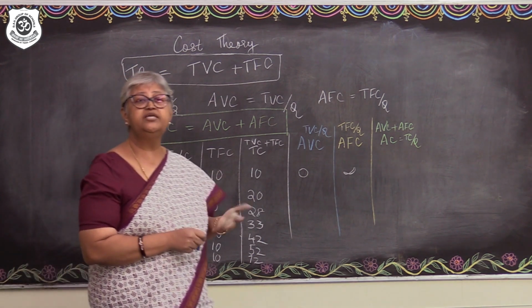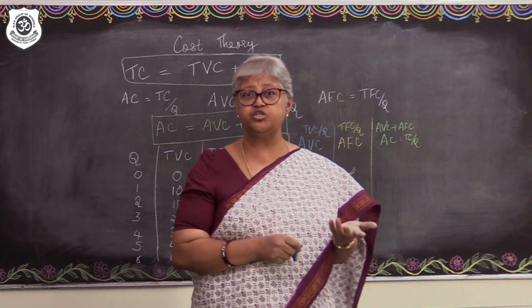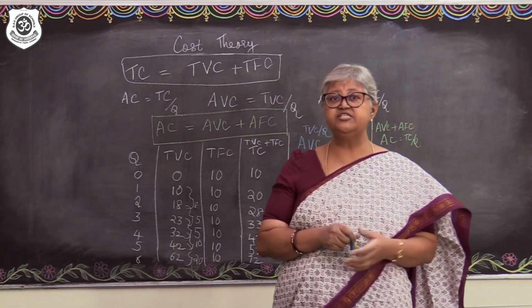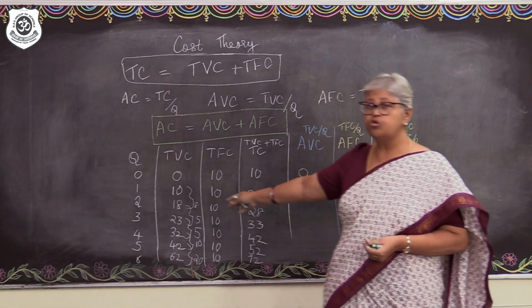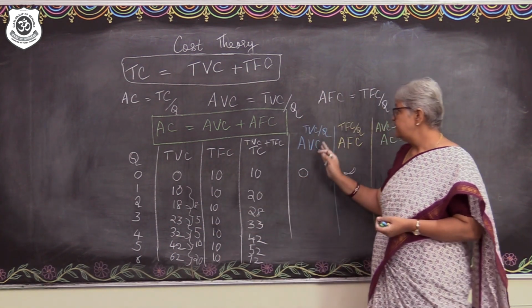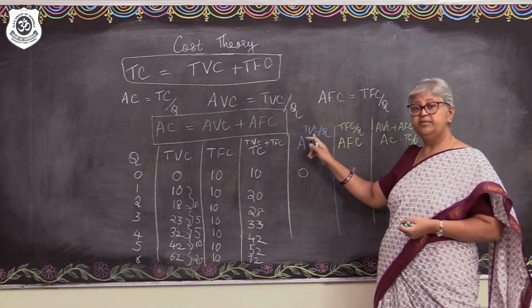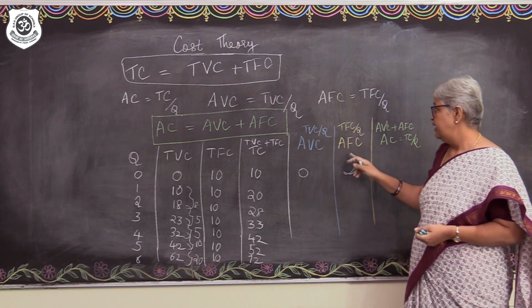How is this going to affect the averages? Averages are after all derived from these totals, isn't it? Right? Now AVC, we have understood that to be TVC by Q. Right?